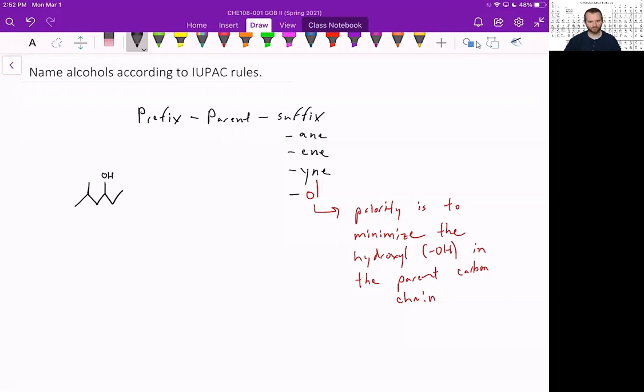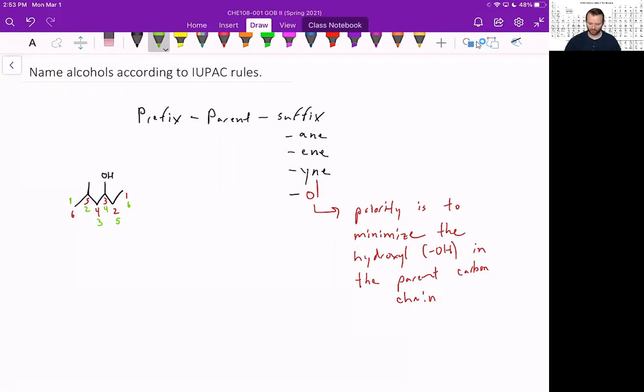So this example. Remember, the priority is to number this compound in a way to minimize the location of that hydroxyl group. So 1, 2, 3, 4, 5, 6. The way I've numbered that in red has the hydroxyl on 3. If I were to number it from left to right, 1, 2, 3, 4, 5, 6, what's in green, the hydroxyl would be 4.